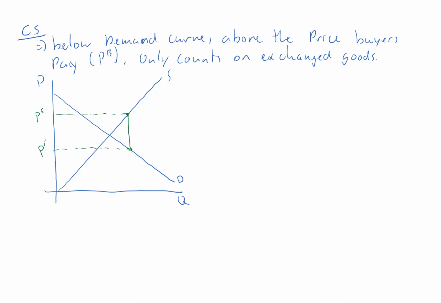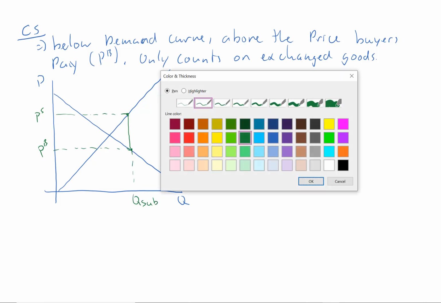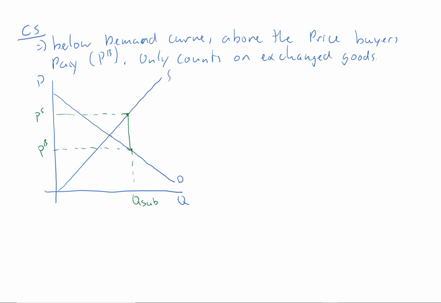The bottom was the price the buyers paid. This was the new Q subsidy. And let's make sure we label the old equilibrium. So this is Q star and this is P star. I'm not drawing the actual shift in the supply curve because we know it just creates this subsidy wedge. Whoever's getting more of the subsidy is going to depend on relative elasticities, just like we saw before.